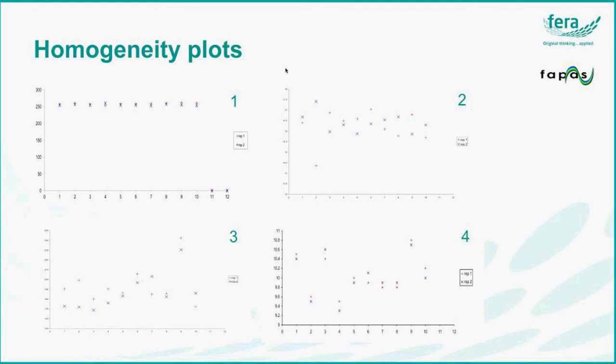Plot number 4 is a more extreme version of plot number 3, where it's showing clearly that the sample is not homogeneous. There is a statistical process underlying this analysis, which is too far-reaching to go into detail in this presentation, but these plots are the outcome and the type of thing we're looking for as a PT provider.